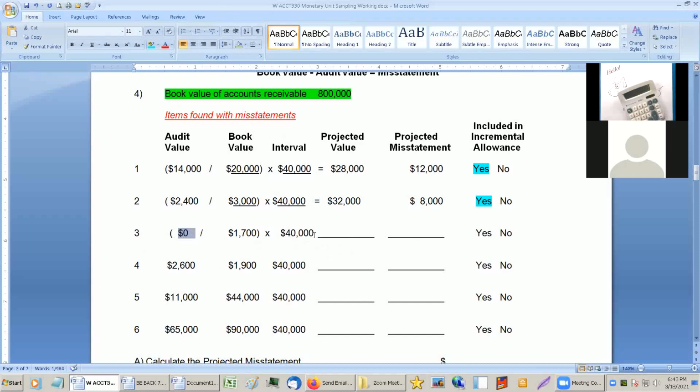But you do that whatever method you're using. If they have something on their books that doesn't exist, you're probably going to look into it. But anyway, working the formula, projected value would be 0 divided by 1,700 is 0 times 40,000 is 0.